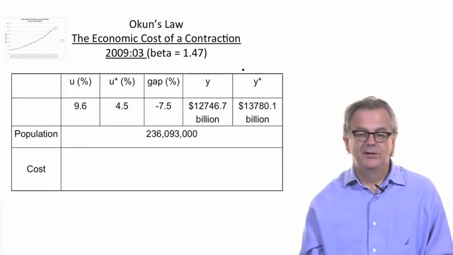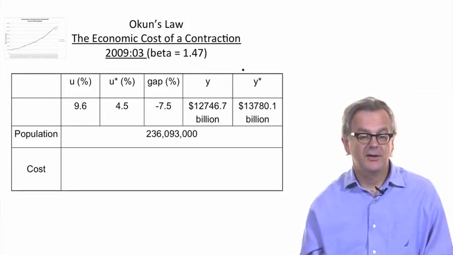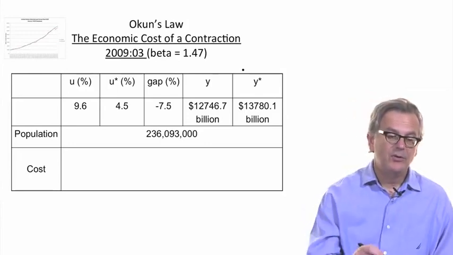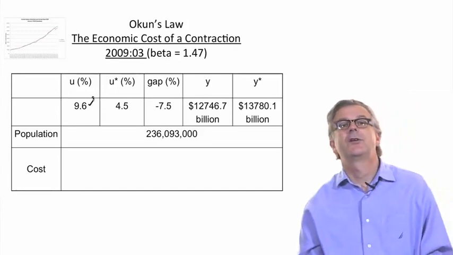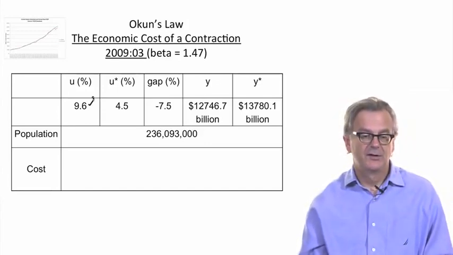So this is our information about the US economy in this particular time period. The unemployment rate in the third quarter of 2009 had reached 9.6%.